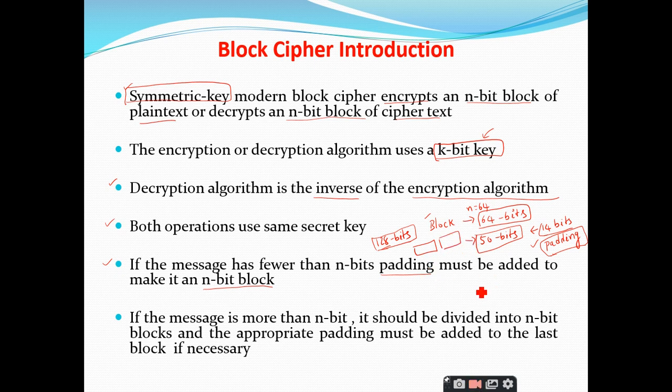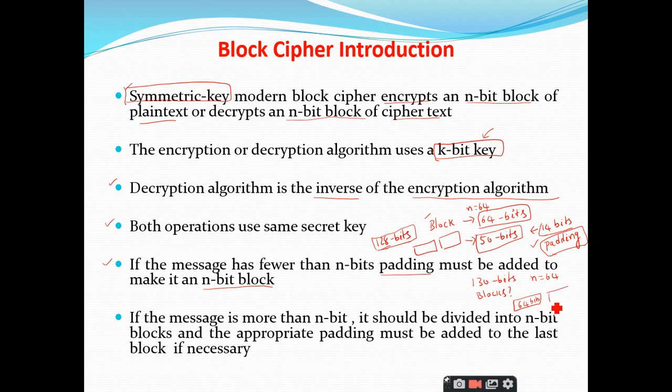Right. For example, now tell me, I have 130 bits of data. How many blocks will I get if n is equal to 64? 3 blocks, sir. Super, right? So the first block consists of how many bits? 64 bits.